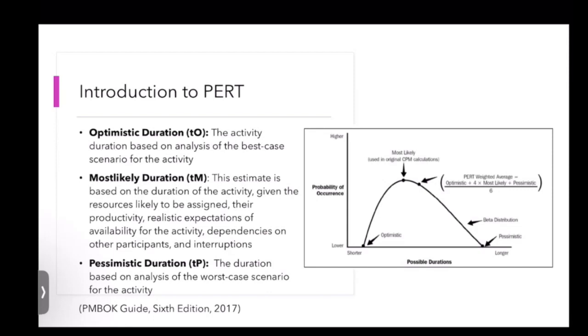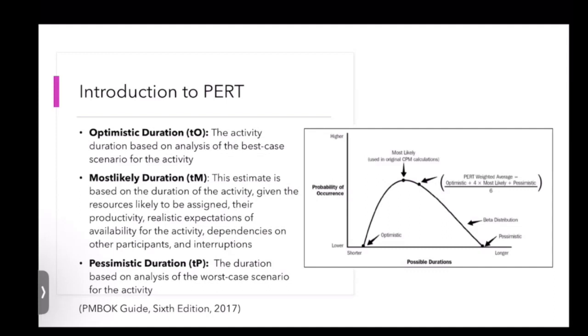And the third estimate is the most likely duration, which anticipates the amount of time the activity will require most of the time if the activity is repeated many times. It means that for normal conditions, the most likely time is used.